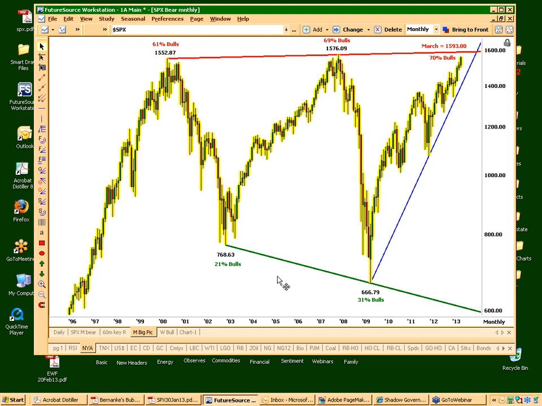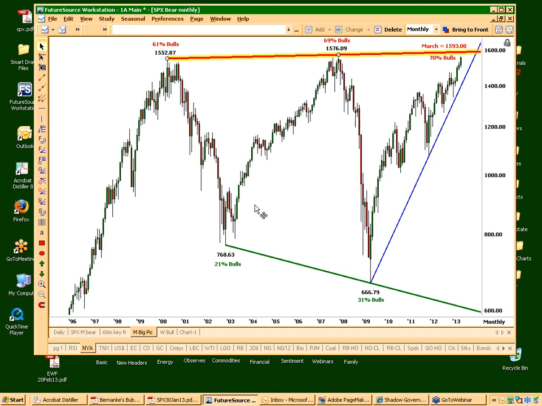It's a classical chart pattern that you see during periods of extremely high volatility and extremely high uncertainty, where the market swings dramatically between rumors of one kind or another, and the broadening top would only need, in classical chart pattern terms, another new high above the 2007 high to complete itself.